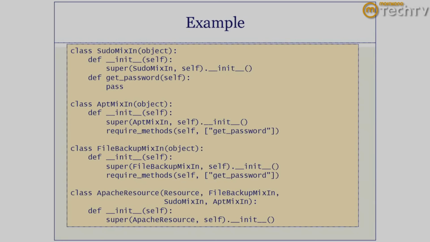Rather than subclassing from sudo mixin, they just declare they need this get password method. And then if you try to instantiate this class without including it in your inheritance, these will give you an error. So then in my Apache resource, I can mix these arbitrarily, and I don't care what the order is, and everything will work fine.